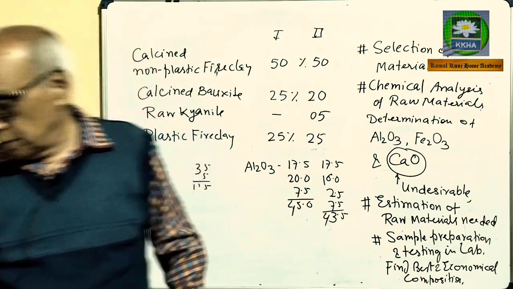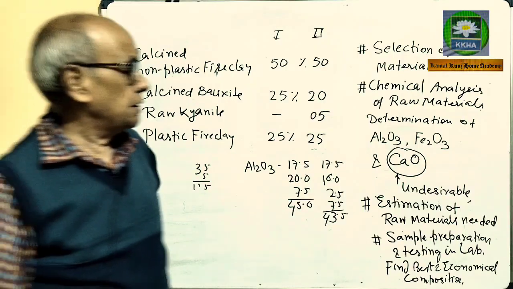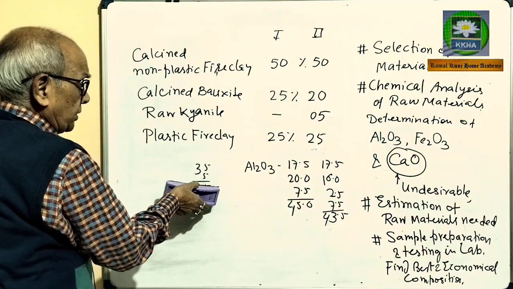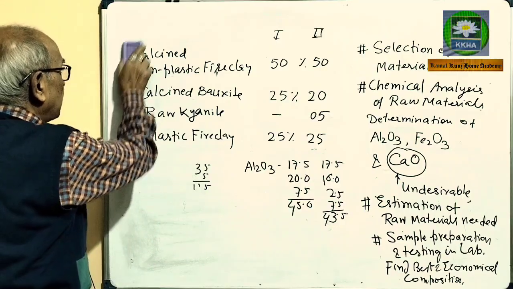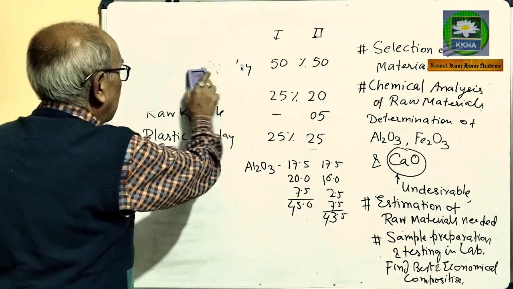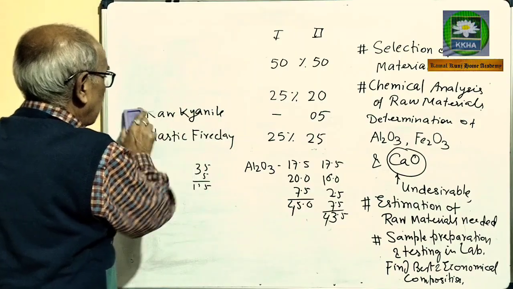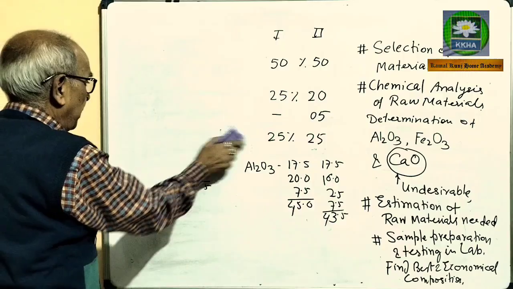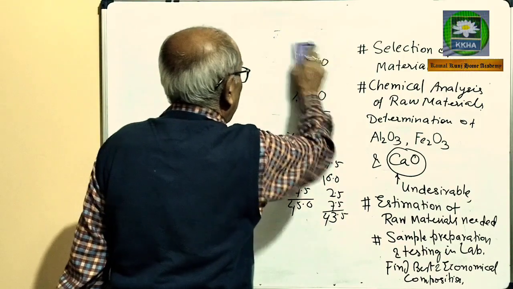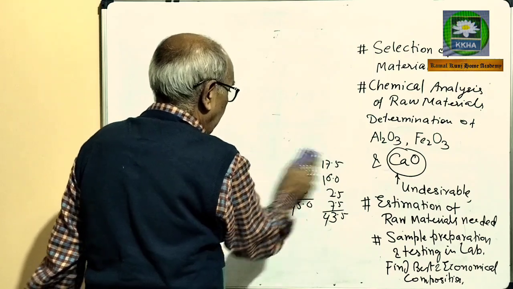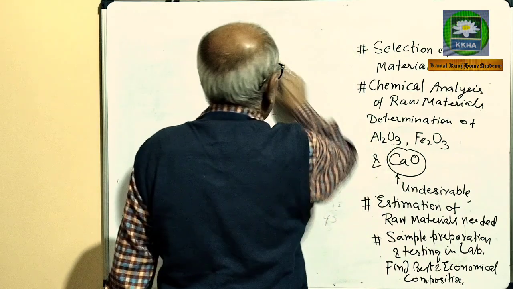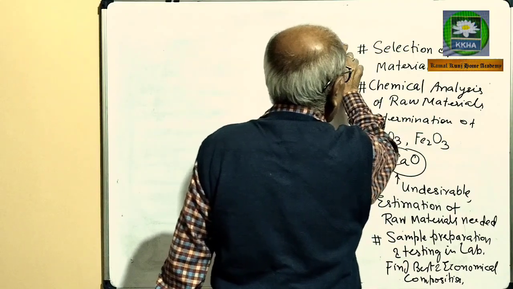Now let us make the process flowchart for making these bricks. This was the estimation of raw materials for fireclay refractory bricks. Similarly, you can calculate the raw materials required for high alumina bricks. Now let us go for the flowchart of the different processes.